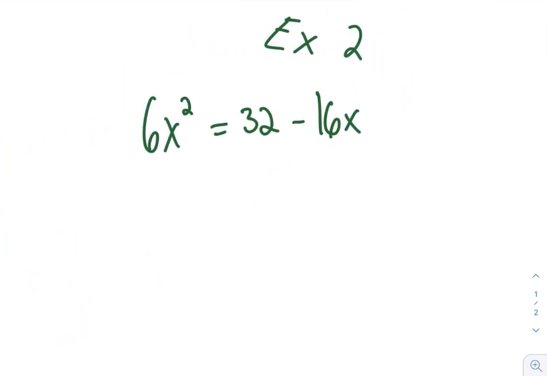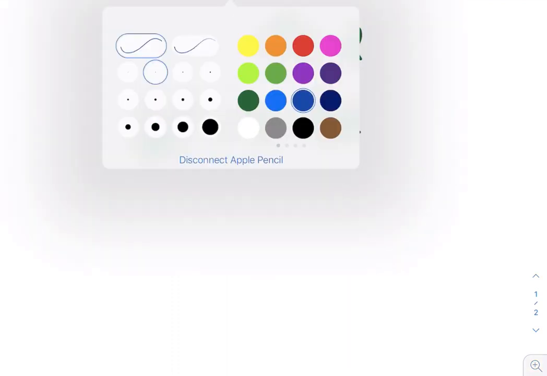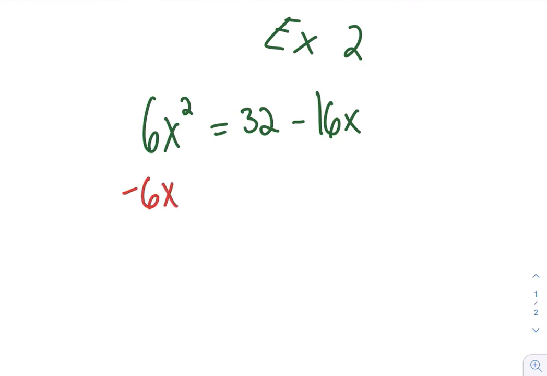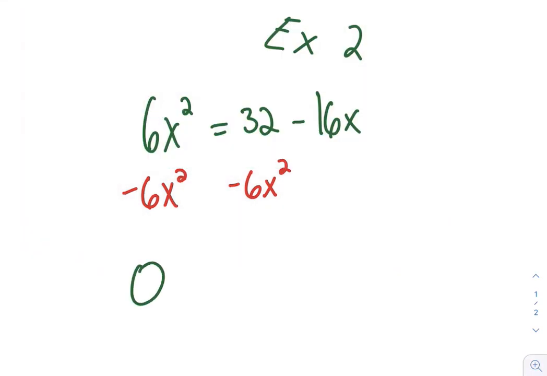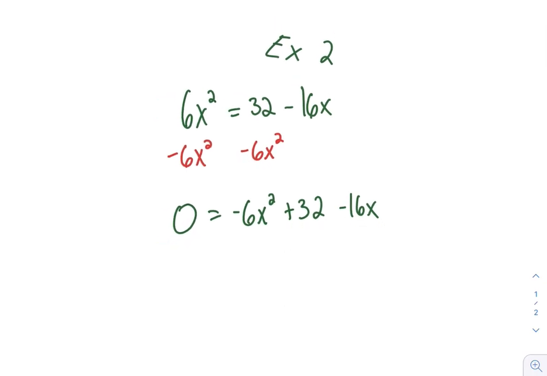All right, so again, when we are solving a quadratic, we need it in standard form and equal to 0. So the first thing I want to do is get it equal to 0. I can do that by subtracting 6x squared on both sides. So 0 equals negative 6x squared plus 32 minus 16x. Now here the problem is it's not in standard form.